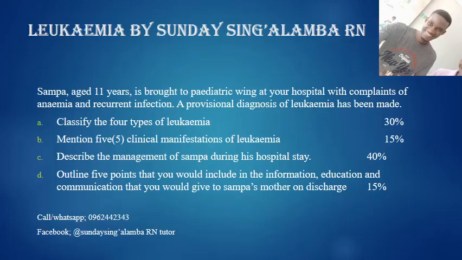Then the fourth type of classification is chronic lymphocytic leukemia. The other name for this one is chronic lymphoblastic leukemia. This one is just a chronic form of leukemia that typically affects the lymphocytic cells, just like that.